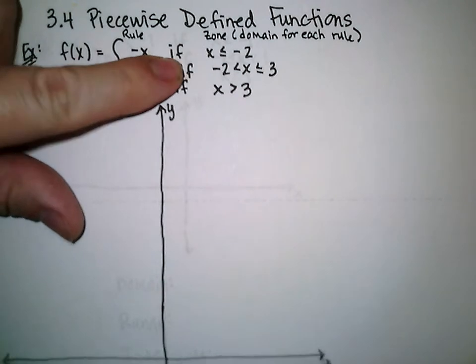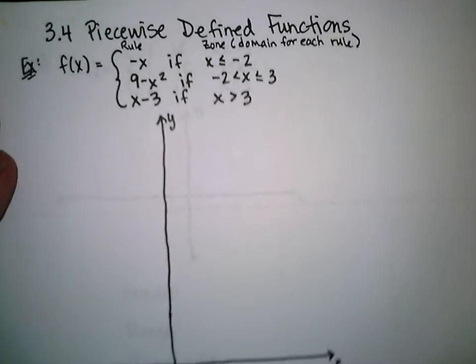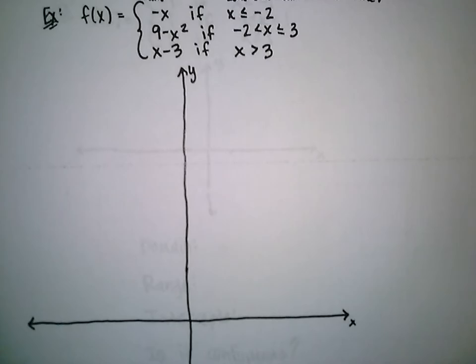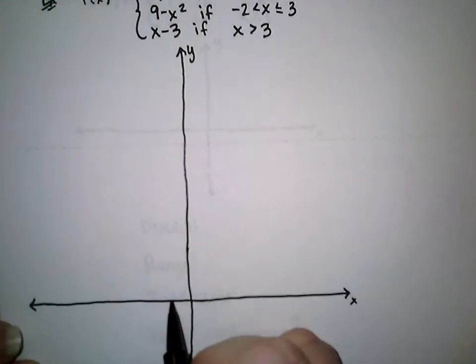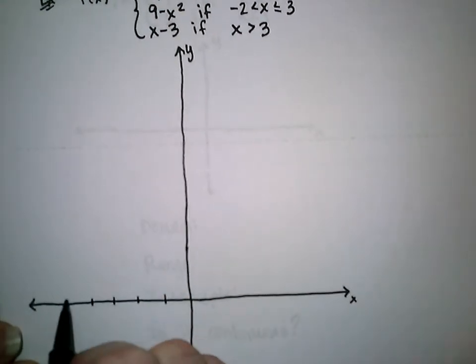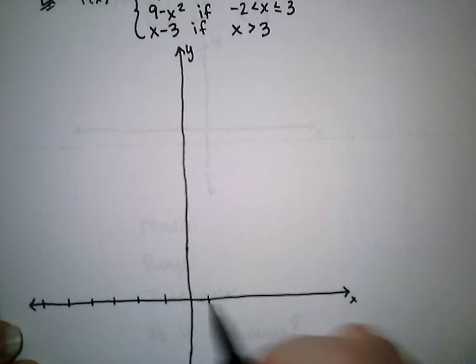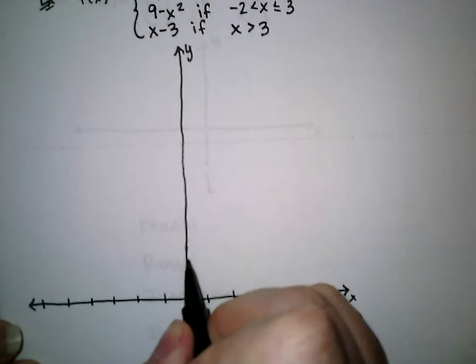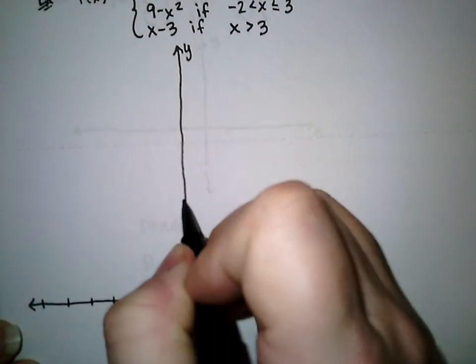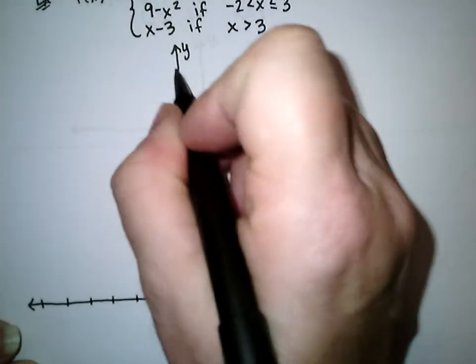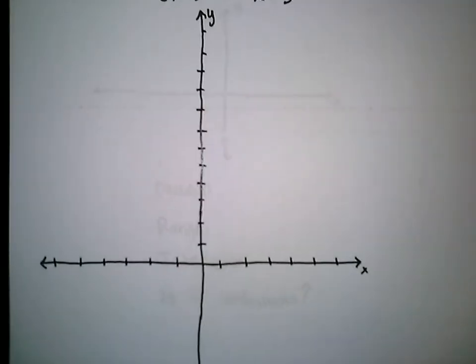Okay, so one way that I like to get these started is to color code my zones. So I'm going to get my axis split apart here. I guess I could have done this before I turned on the video, but I did not.